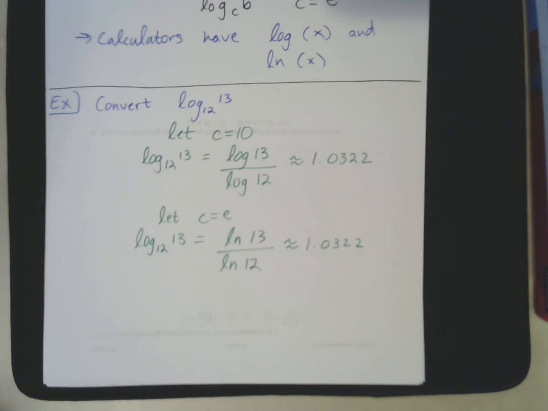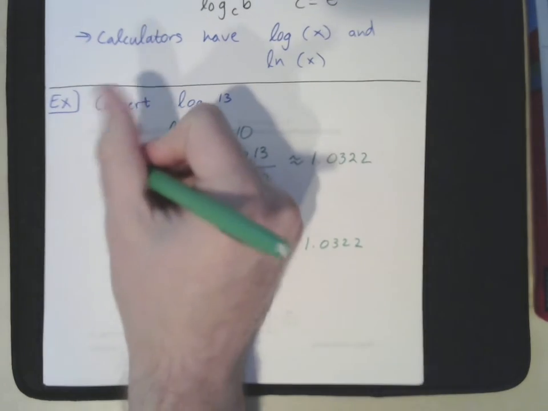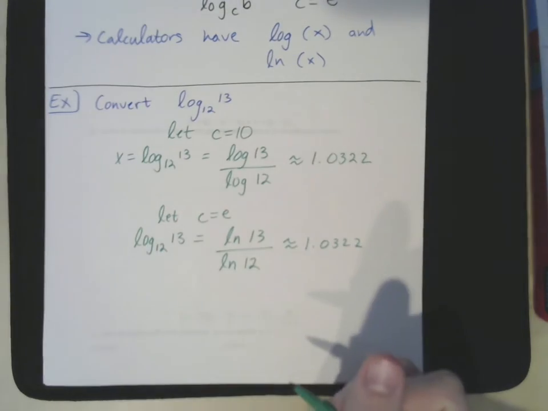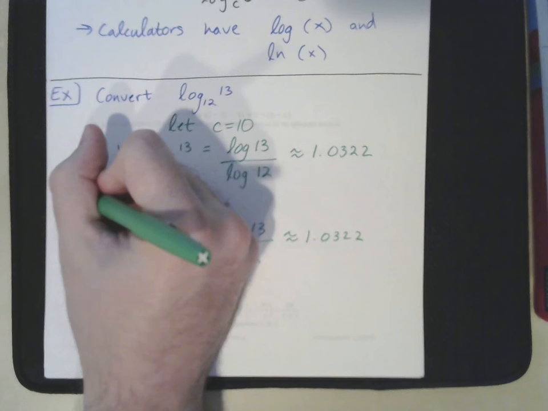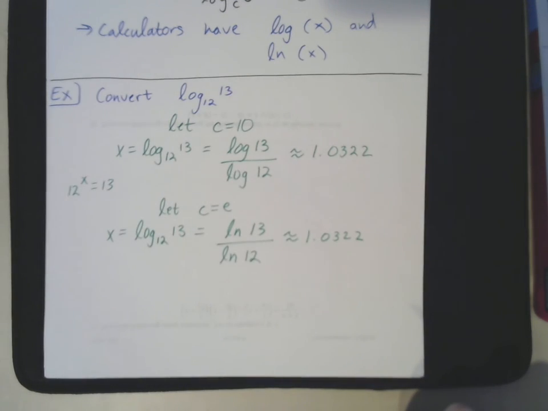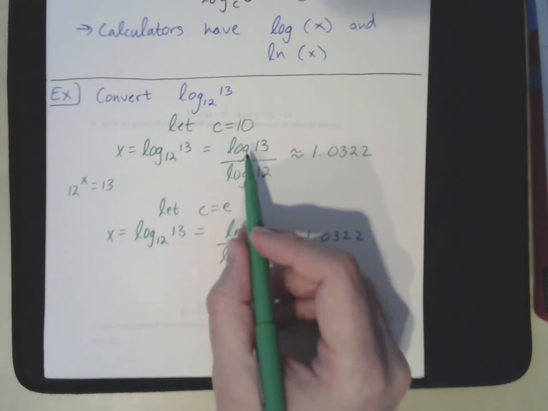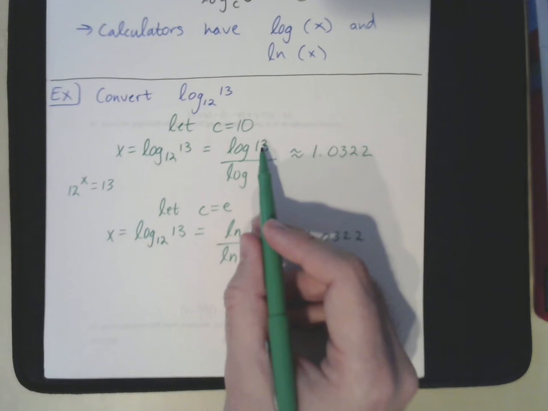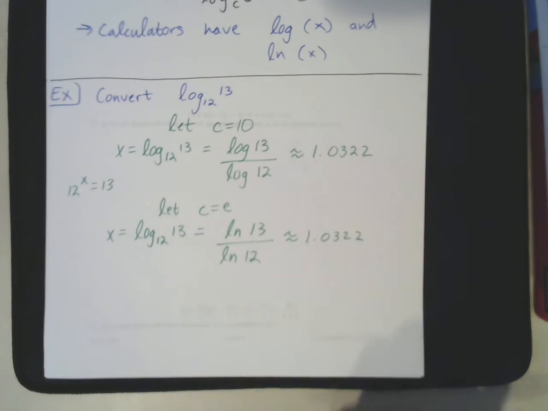And this is a really important thing in algebra in general. Remember, if we set this equal to x, we're saying that 12 to the x equals 13, and that's the same as 10 to some power equaling 13 divided by 10 to some power equaling 12.